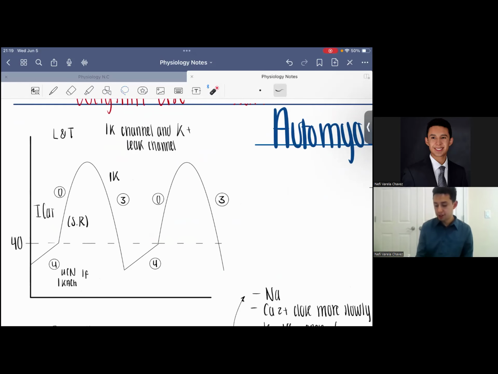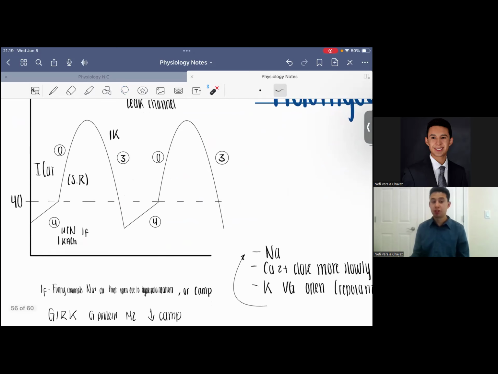We will have first what is named funny channels. Funny channels are gonna be sodium channels, okay? And these funny channels are gonna open by hyperpolarization. So they are named funny because they have a funny behavior different than any other channel. And they're gonna open also by cyclic AMP.